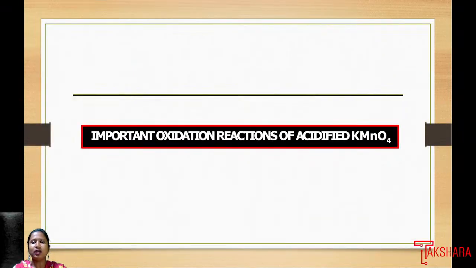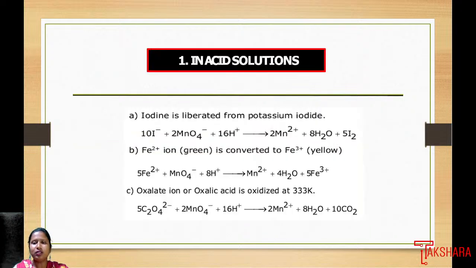What are the important reactions of acidified KMnO4? We'll see them one by one. In acid solutions, iodine is liberated from potassium iodide. KI gives K plus and I minus.